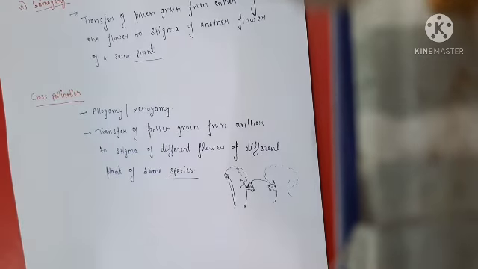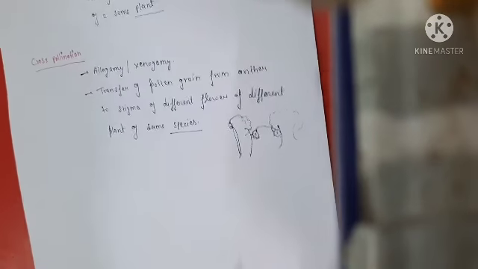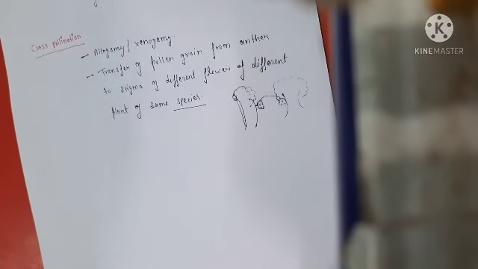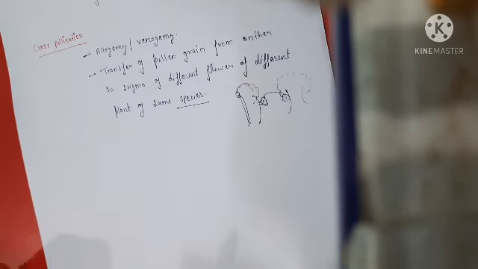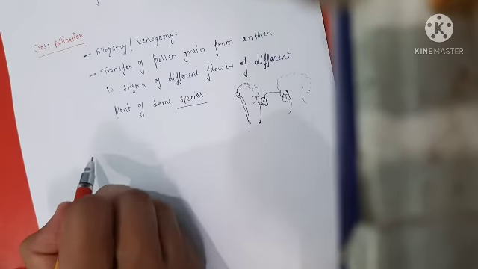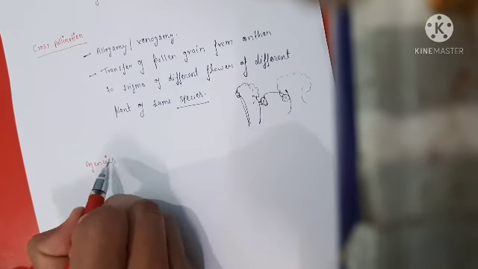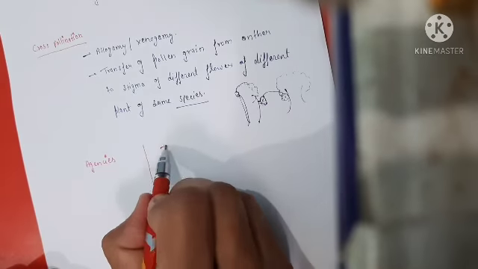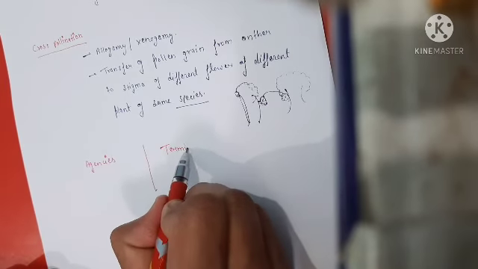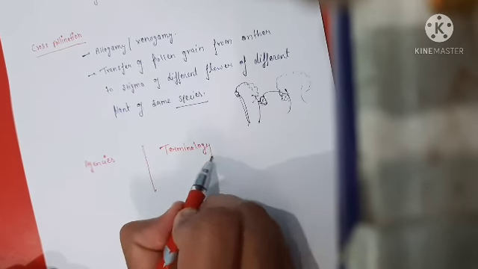Now friends, we will discuss some agencies and some terminology through which pollination takes place. So first we write agencies, and second is terminology.